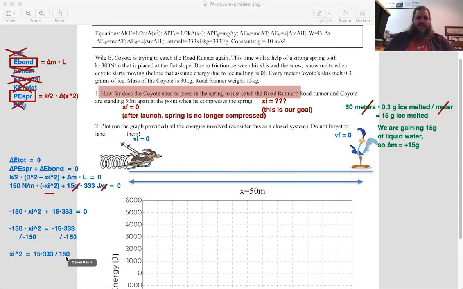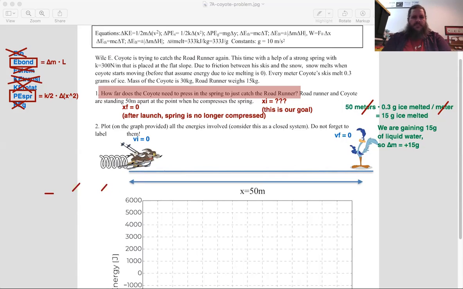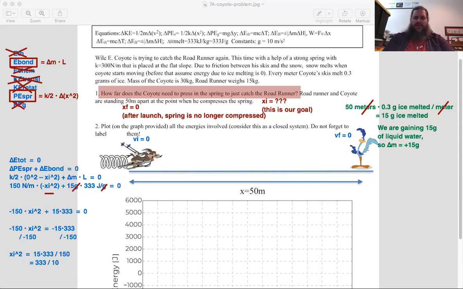And 150 and 15 can reduce to what? What's 15 over 150? Right, that reduces to just 333 over 10, because 15 over 150 is the same as 1 over 10. And what is 333 divided by 10?